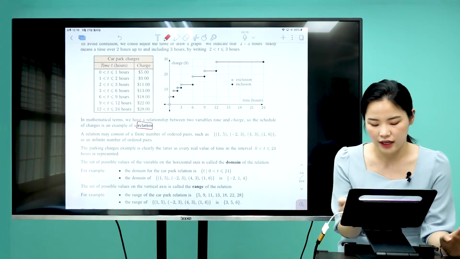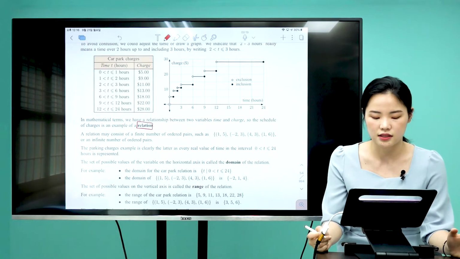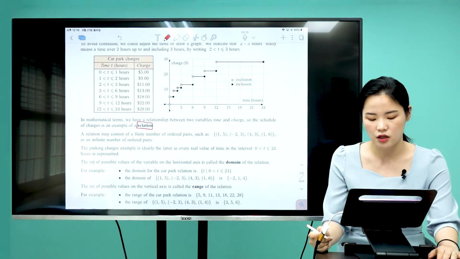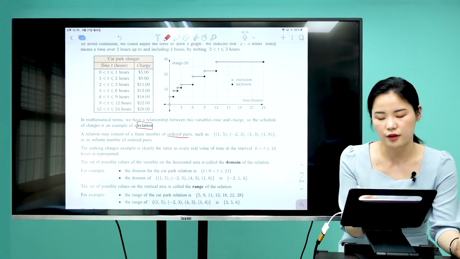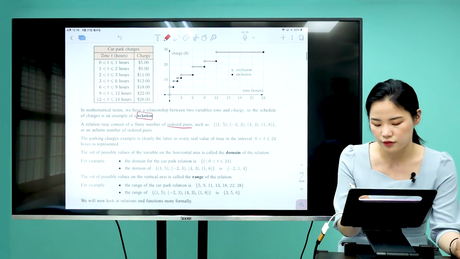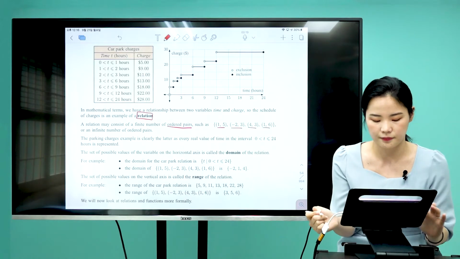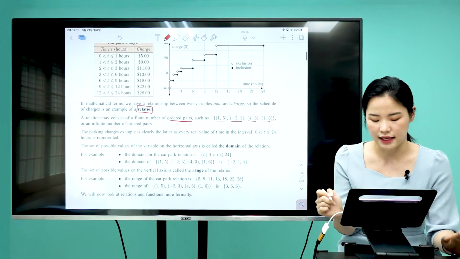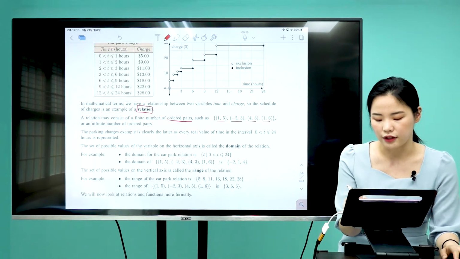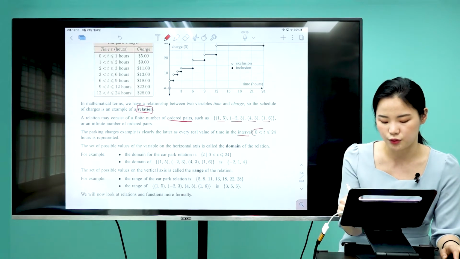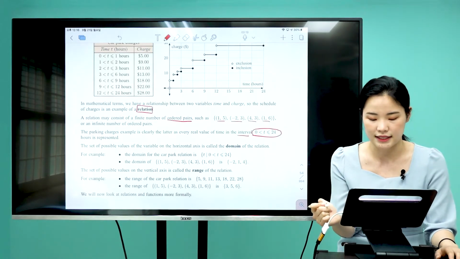A relation may consist of pairs from the domain to the range, or we can have unordered pairs such as 1 to 5, -2 to 3, 4 to 3, 1 to 6. This parking example has the real value interval of 0 to 24 hours represented.